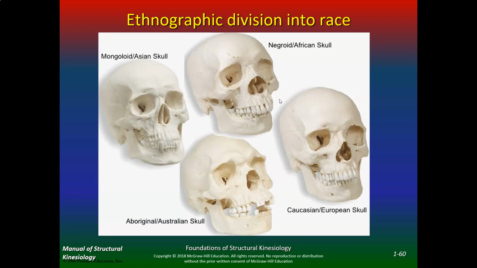Remember, when you pass away, all your hair, nails, and skin fall away, so all that's left is the zygomatic arch, the maxilla, the superciliary arch. These are what we can use to determine what race you were.